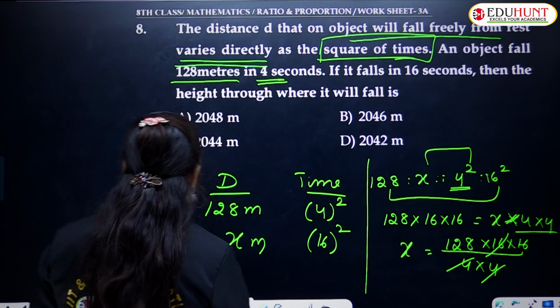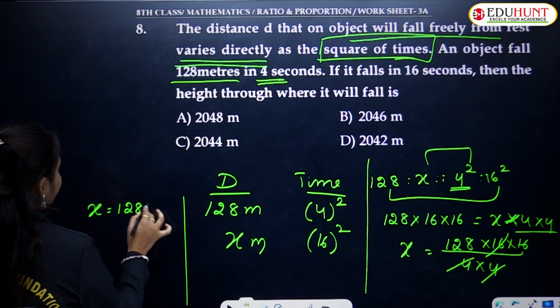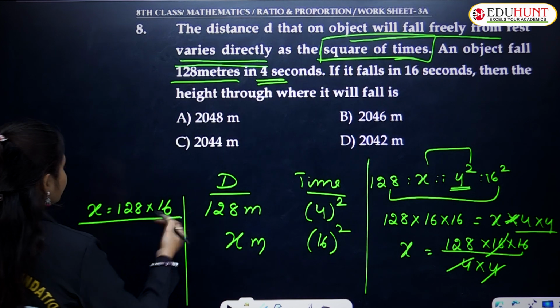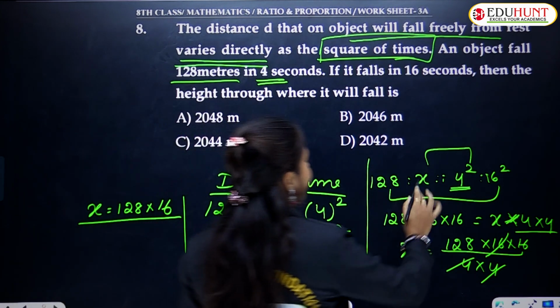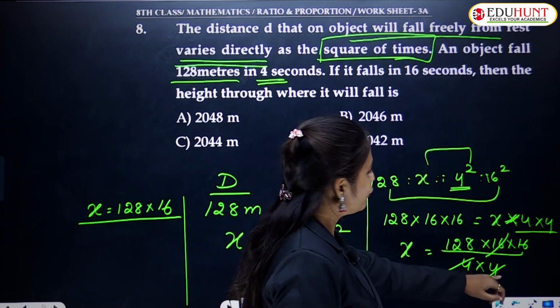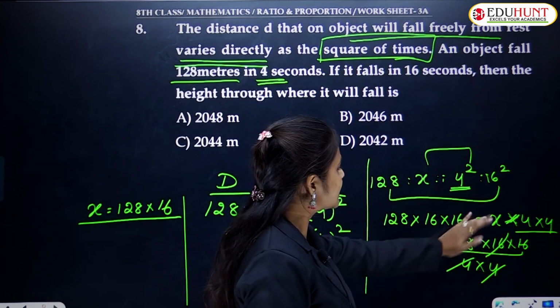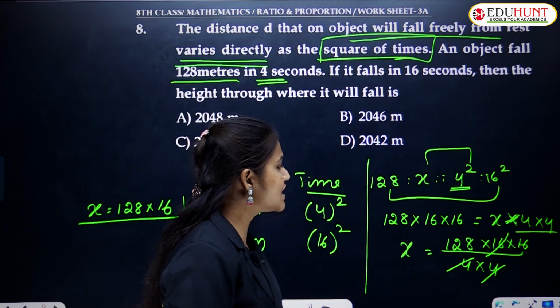Next, x is equal to 128 into 16. That's what we need to find out. Or else, if you want to simplify, 4 into 4 is 16, and also we can cancel the 16. After that, 128 into 16.